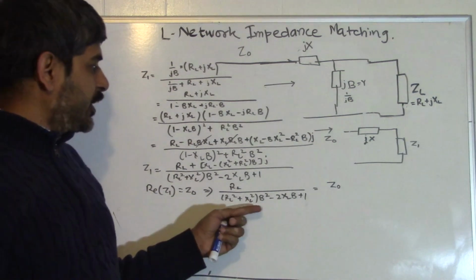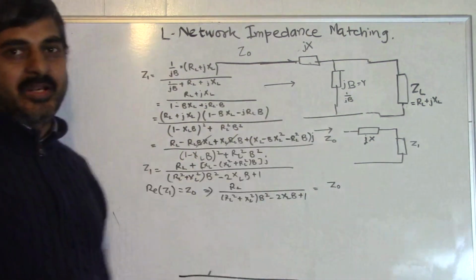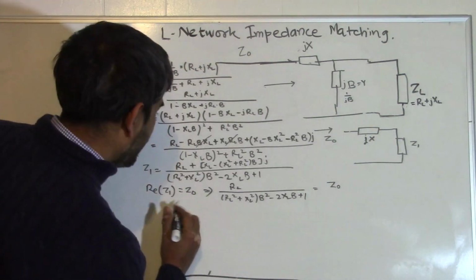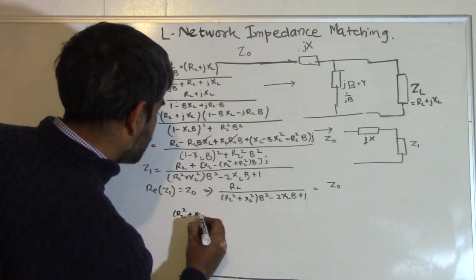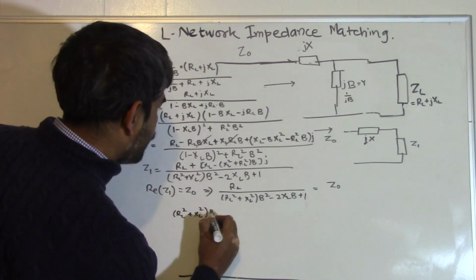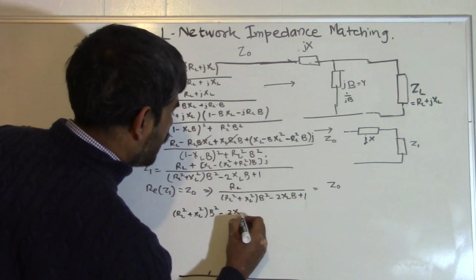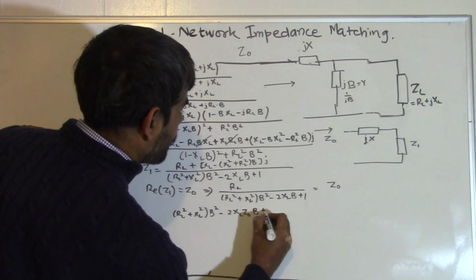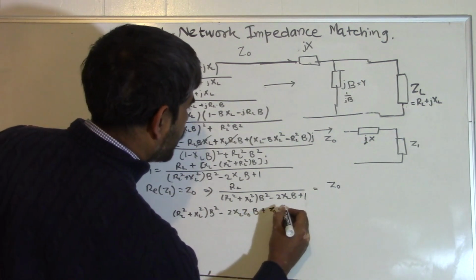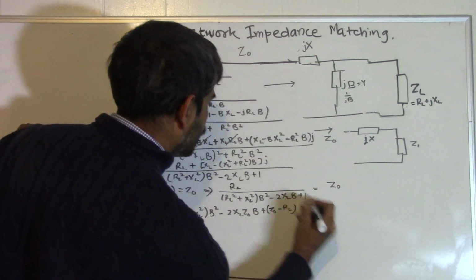If you take all these things here, we can reduce it to a quadratic equation in B. So we will get (RL square plus XL square) multiplied by B square minus 2 XL Z0 B plus Z0 minus RL equal to 0.